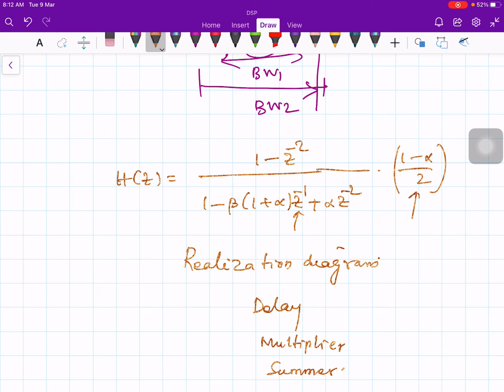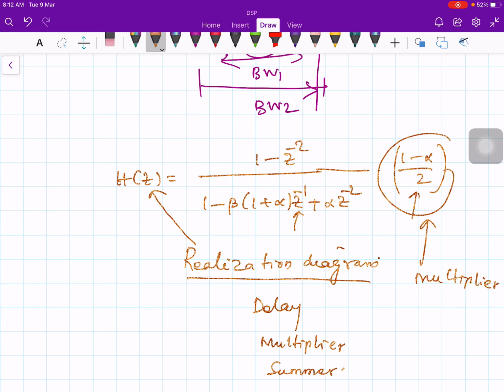Okay, so addition, multiplication and delay, these are the operations that one will do in digital signal processing. So in this, once you do the realization of this transfer function, then 1 minus alpha by 2 is simply what? A multiplier.